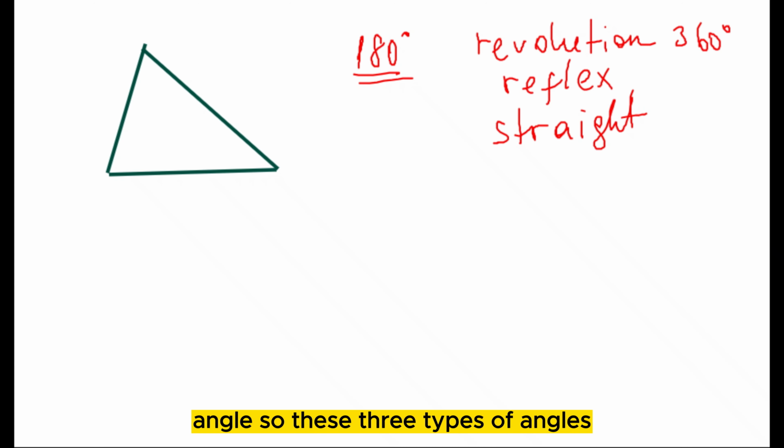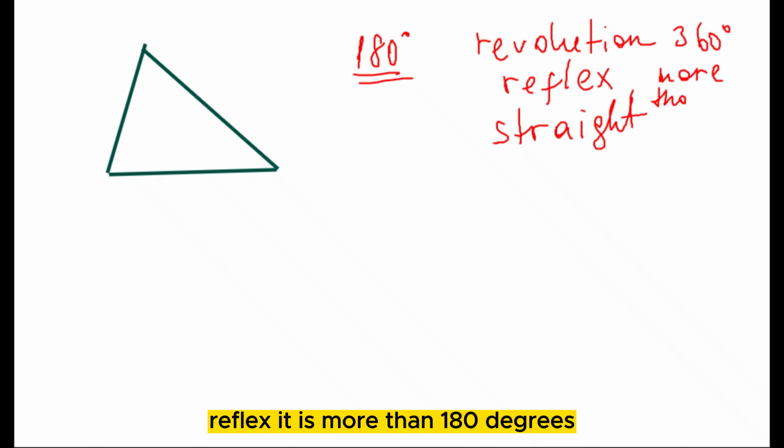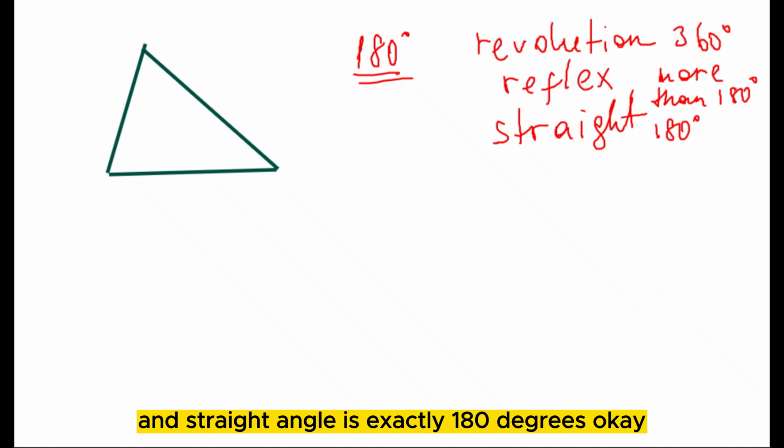So these three types of angles cannot be in a triangle because revolution is 360 degrees, reflex is more than 180 degrees, and straight angle is exactly 180 degrees.